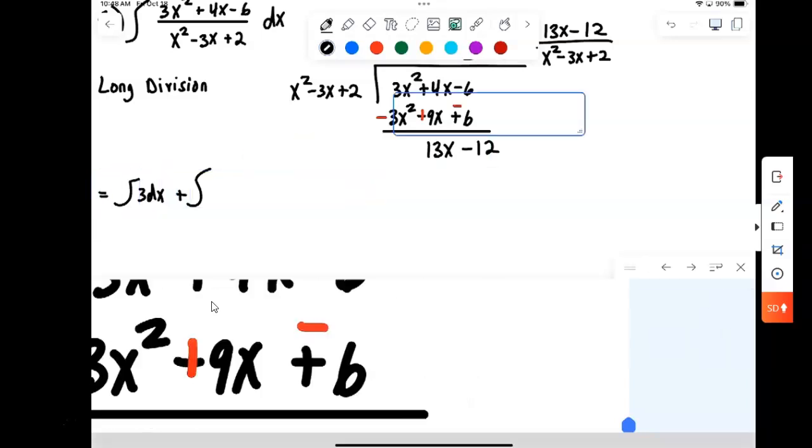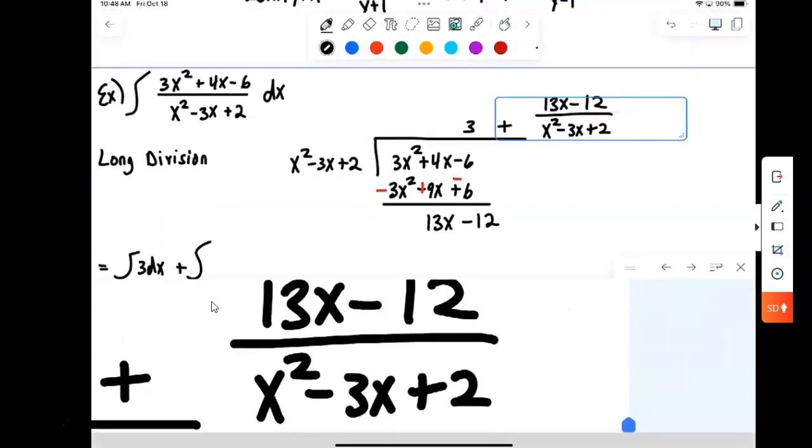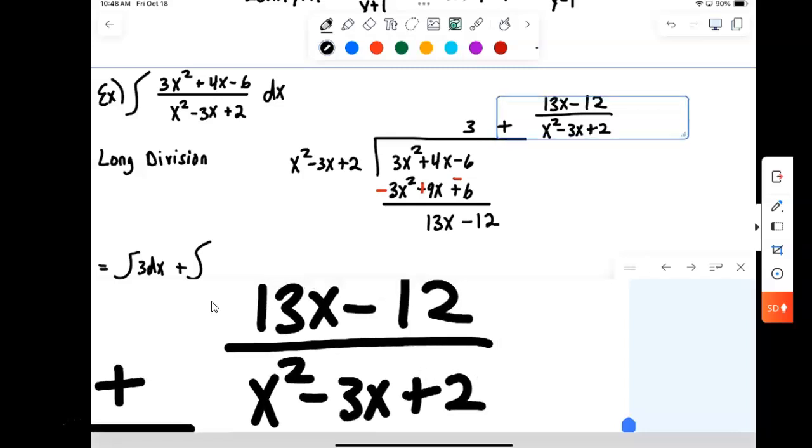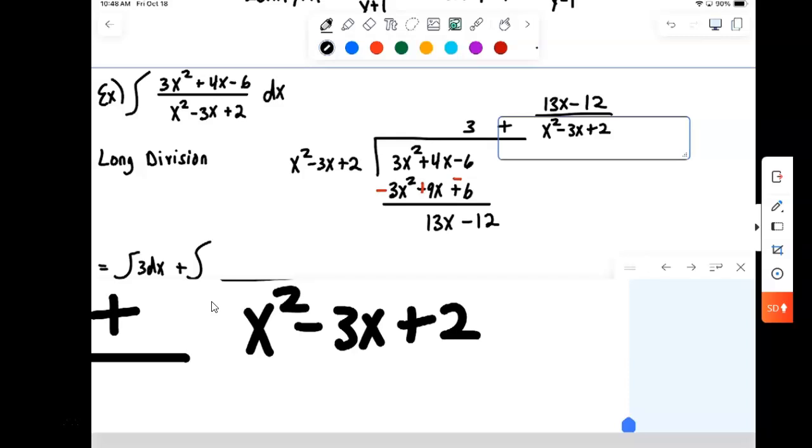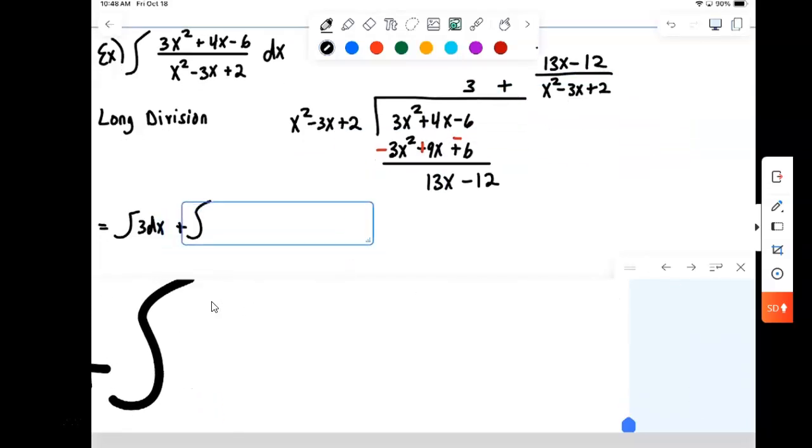And to do this integral, I'm going to want to use my partial fraction decomposition. That's going to be a whole lot easier than the alternative. There are other options we could use, but the partial fraction decomposition is going to be the best, especially because that denominator factors.